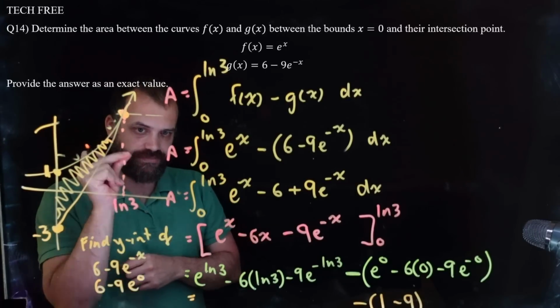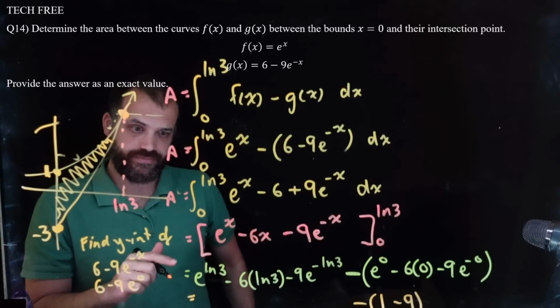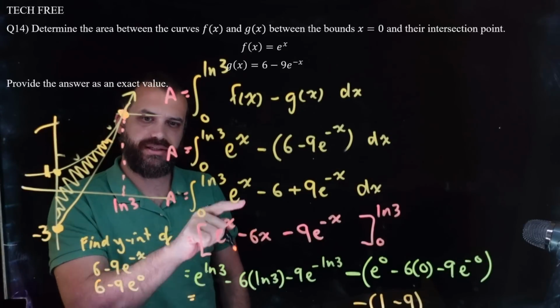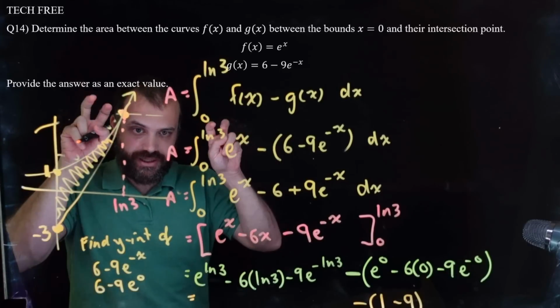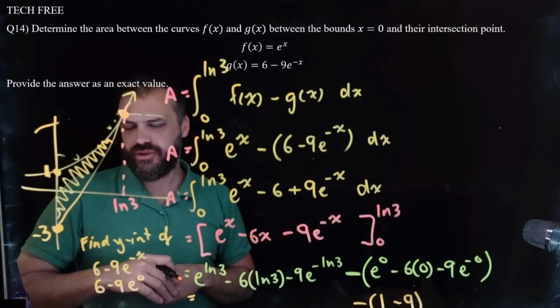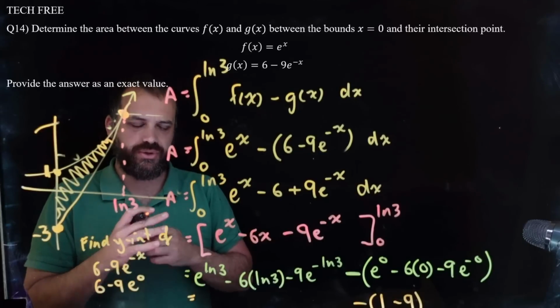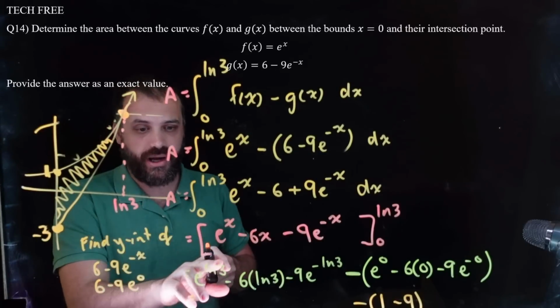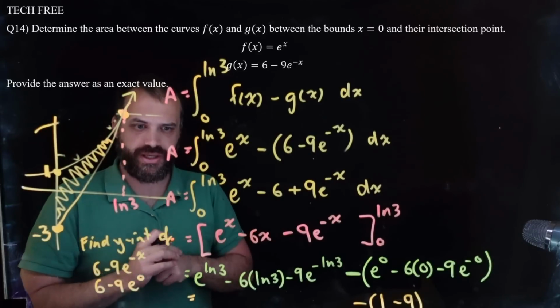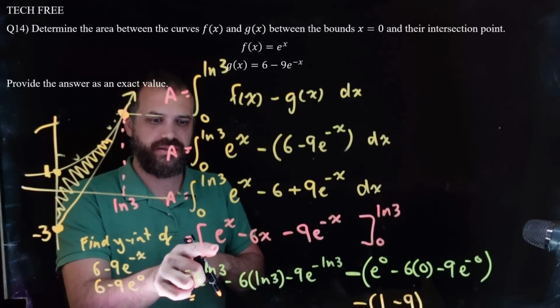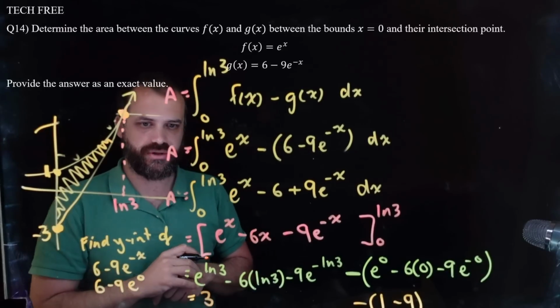Something you should just be able to spot like that is e to the ln3. That e and that ln cancel each other out. You can watch last year's one where I went through a question where I explained everything about why they cancel each other out. But for this video, we're going to assume we know why they cancel each other out. E to the ln3 equals 3.